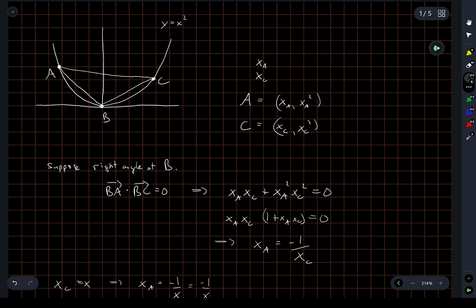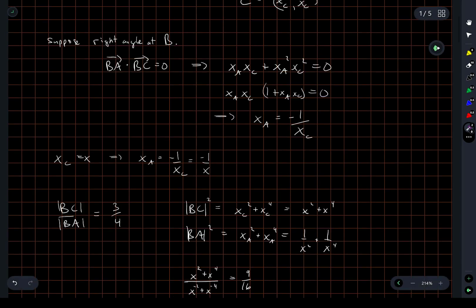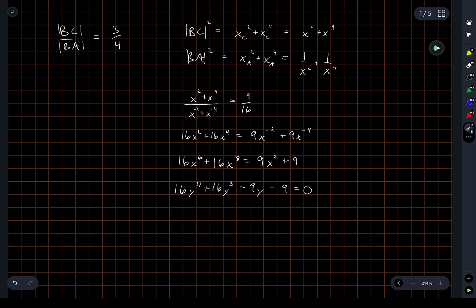And this is all assuming that the right angle is at the point B. So I'm not sure how much farther we can take things from here.